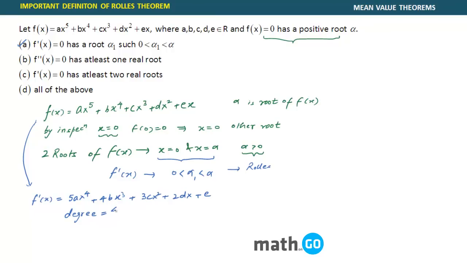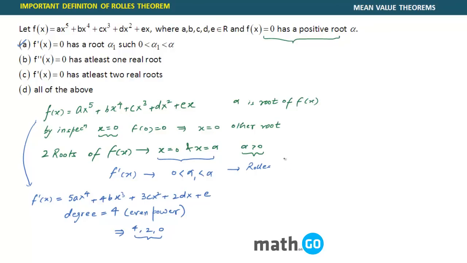So what is the degree here? Degree is 4, that is an even power. So when you have a polynomial with even degree, how many real roots can it have? Real roots could be 4 or 2 or 0, because we know that imaginary roots always occur in pairs. So it could have either all 4 real roots, 2 real roots or 0 real roots.